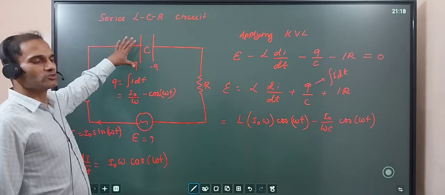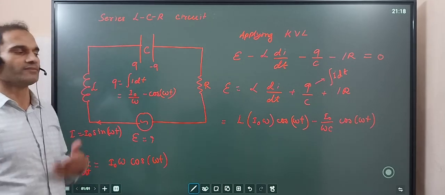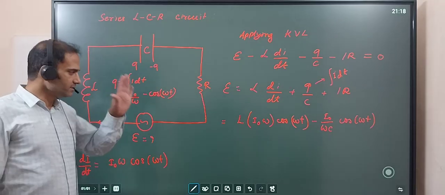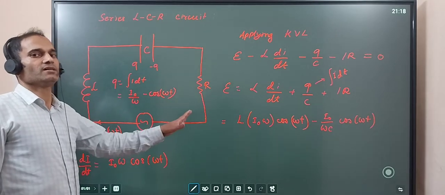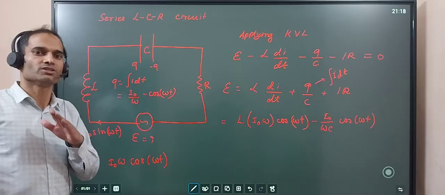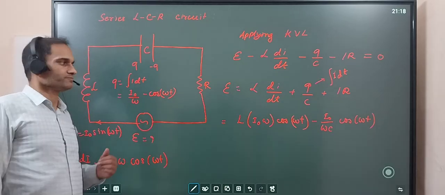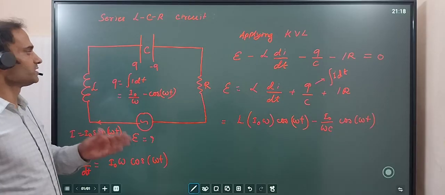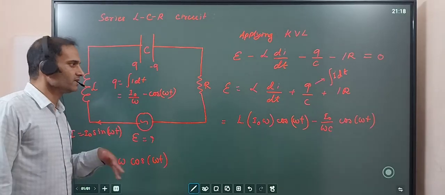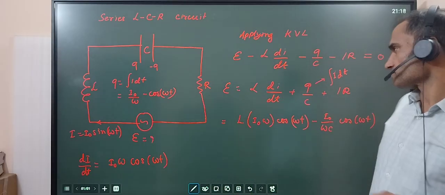Sometimes the charge is positive, sometimes negative. Until and unless there is a DC source, net charge flow is going to be zero over n number of periods, so there is no possibility of a constant part.